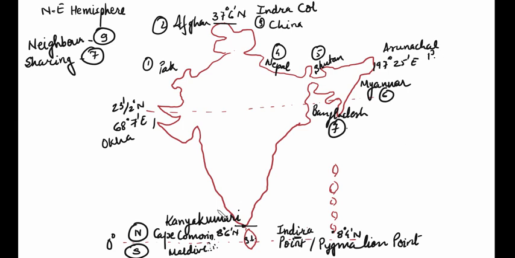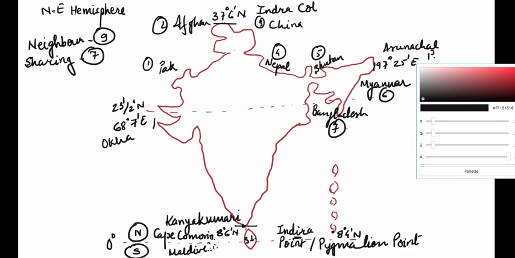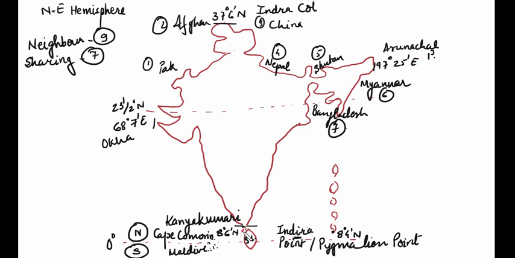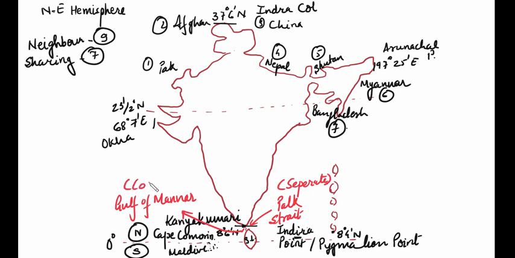Sri Lanka is connected to India by means of Gulf of Mannar, whereas it has been separated by Palk Strait. So, Palk Strait separates India and Sri Lanka, while Gulf of Mannar connects India and Sri Lanka.